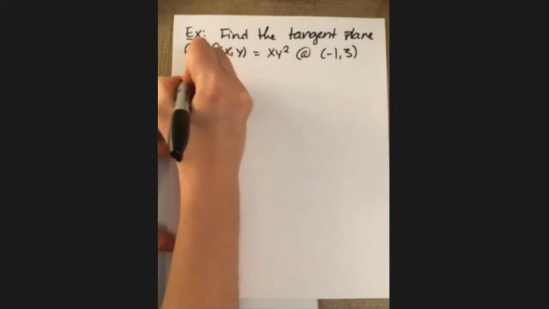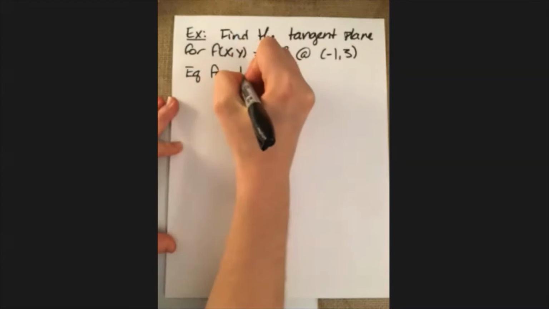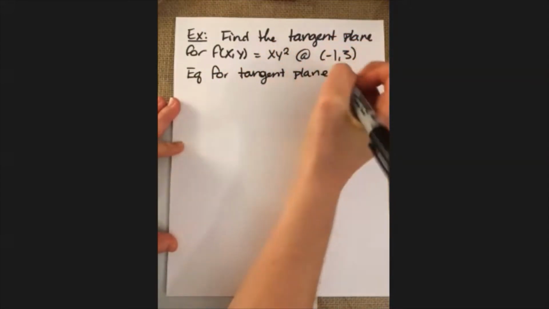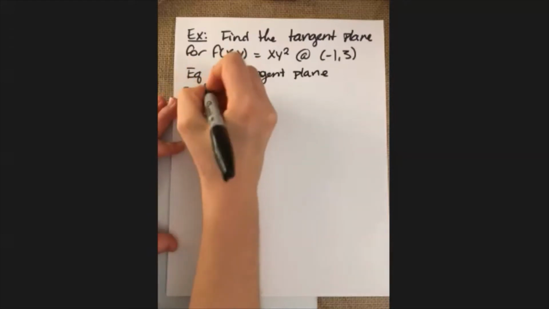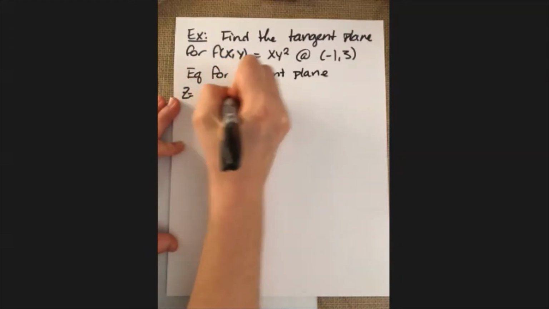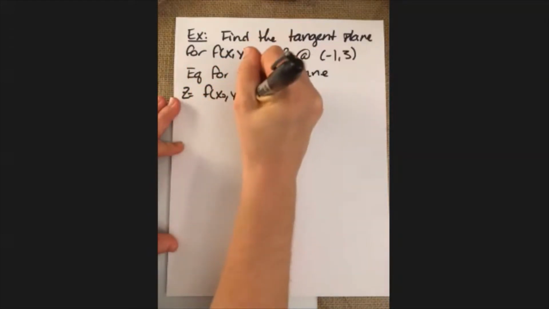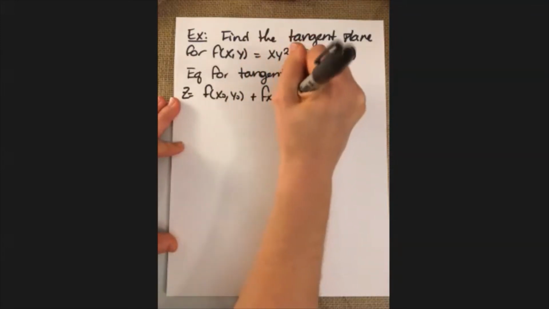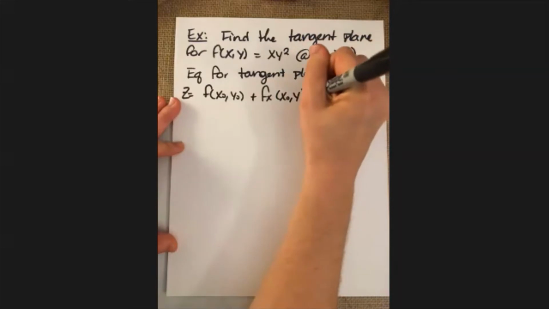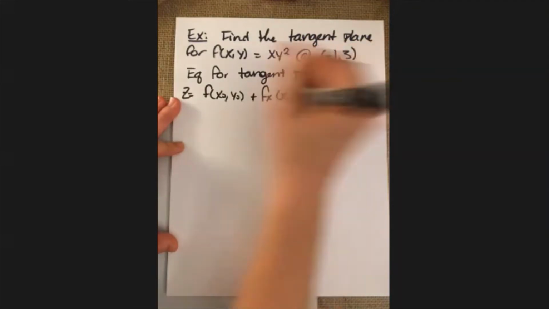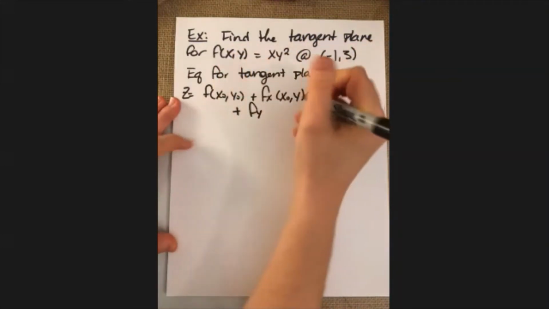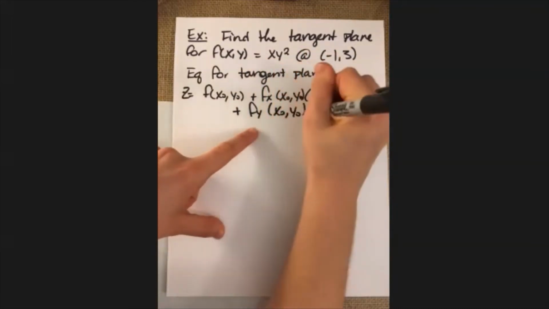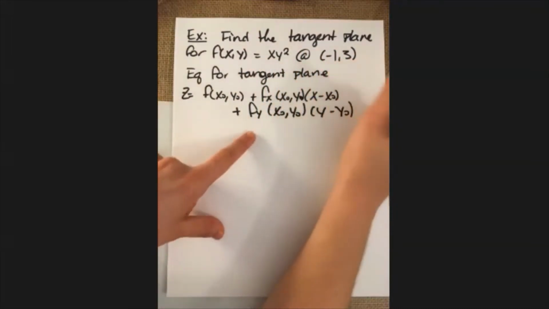So generally speaking, our equation for the tangent plane, like we said earlier, is going to be z equals f at x naught, y naught, plus f sub x at x naught, y naught times x minus x naught plus f sub y at x naught, y naught times y minus y naught.